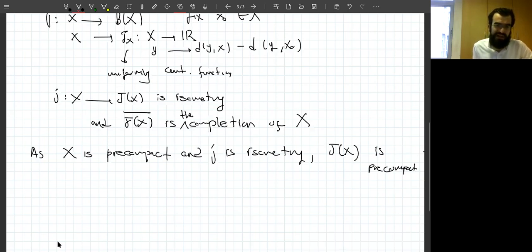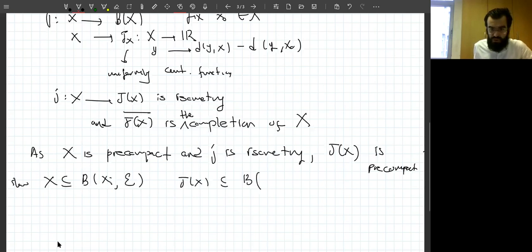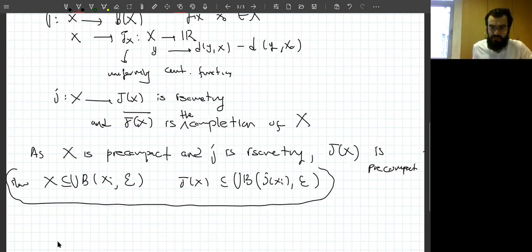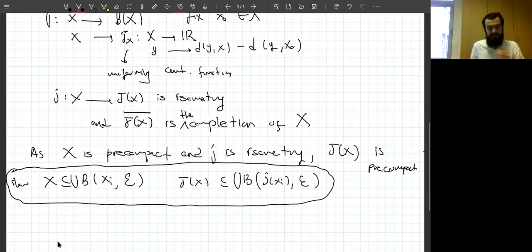I mean, X is precompact for every epsilon, so G(X) too. Okay, check this.